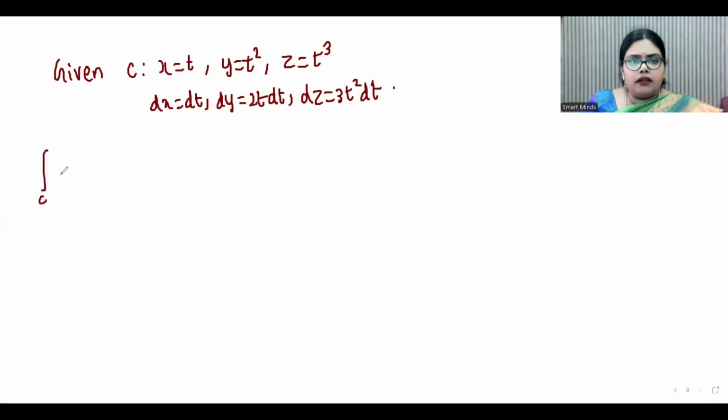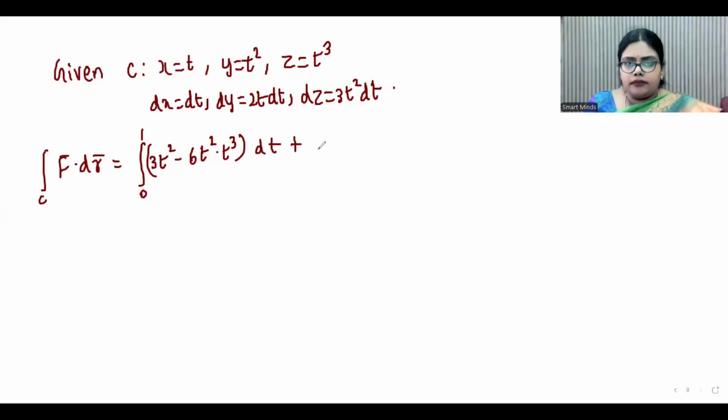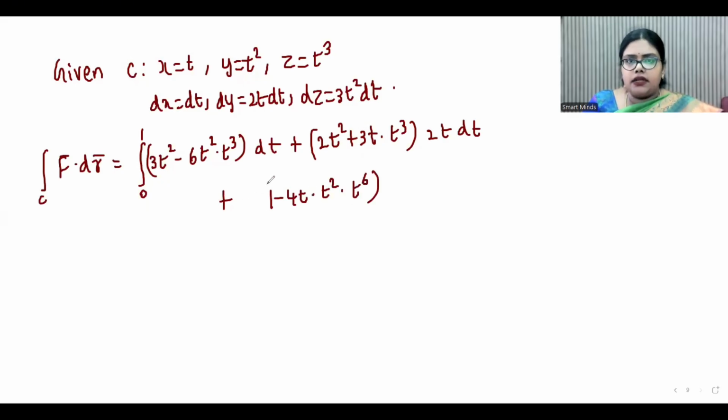Now the curve integral of f bar dot dr bar is equal to integral 0 to 1 of (3t square minus 6t square into t cube) dt plus (2t square plus 3t into t cube) into 2t dt plus (1 minus 4t into t square into t power 6) into 3t square dt.